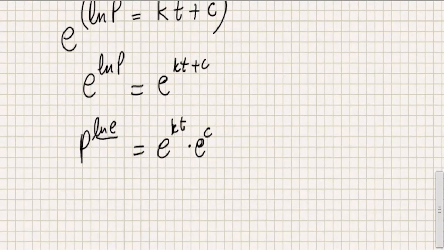The natural log of e is 1. So on the left hand side we get P, and on the right hand side we get e to the power c, which we name capital C. So on the right hand side we get capital C e to the power kt, right?